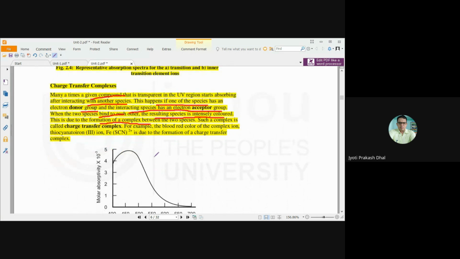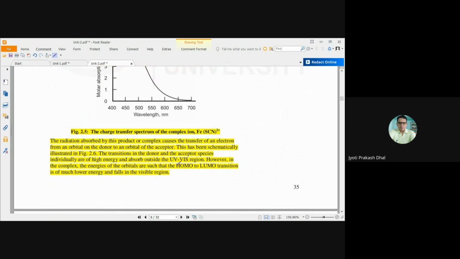For example, the blood red color of the complex ion thiocyanate iron, FeSCN 2 plus, is due to the formation of a charge transfer complex. Here the charge transfer will take place.